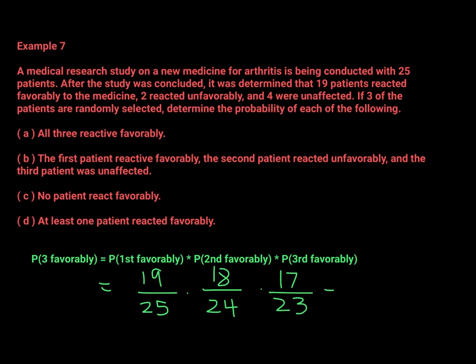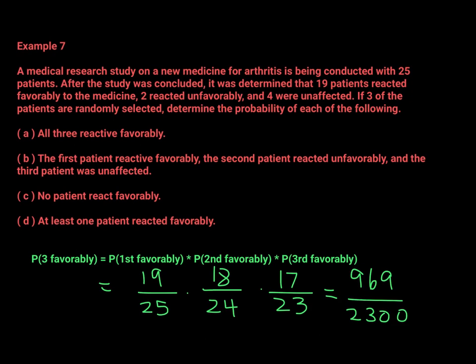Okay? So these are definitely dependent events. When you multiply straight across, you get 969 over 2300. This is the probability that all three patients that were selected at random, all three reacted favorably to the medicine.